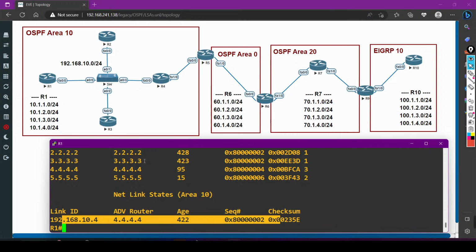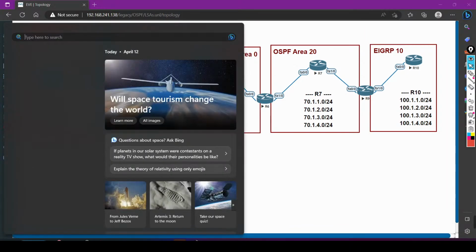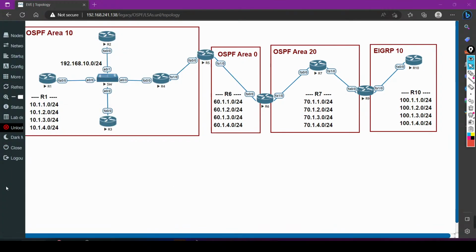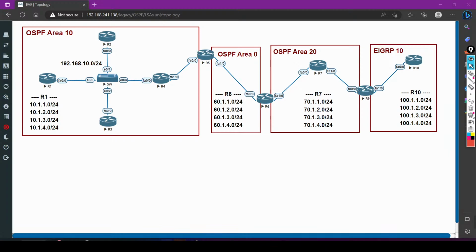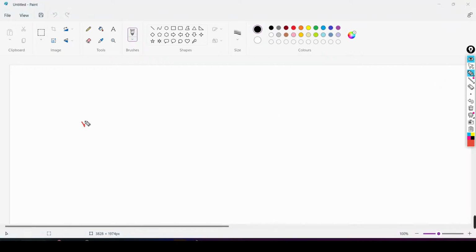Now understand the LSA3. Suppose I have one router over here, R1, R2, R3 and R4.